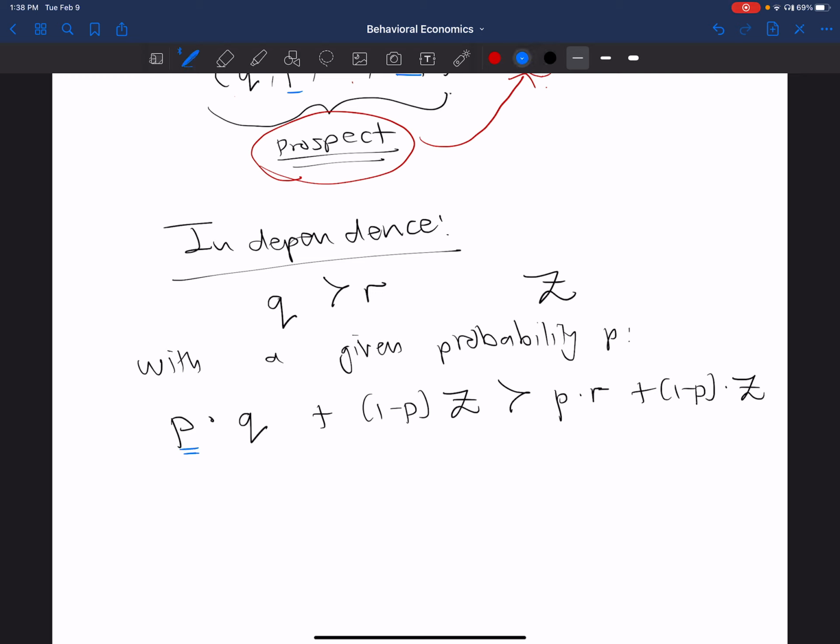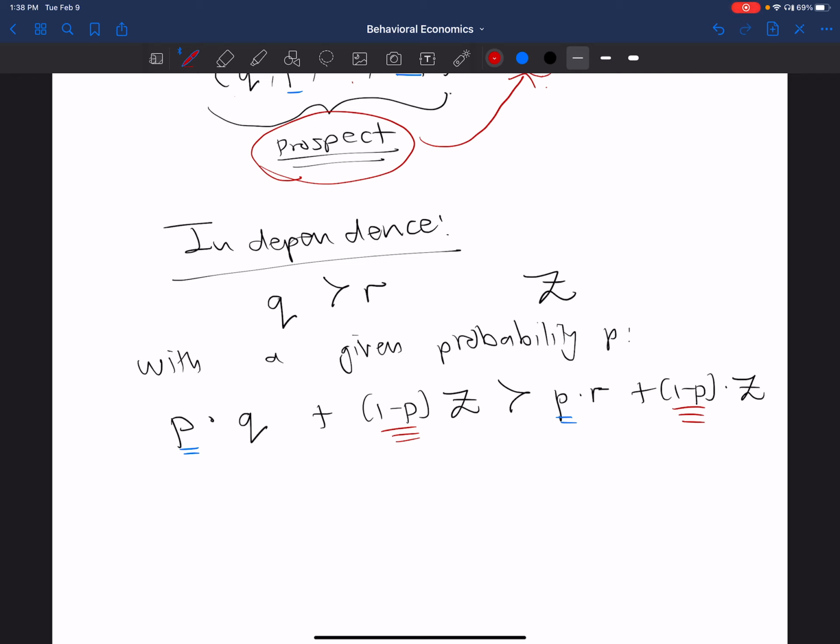Well, notice we've got the same probability P for Q and R in both places. So Q occurs with probability P in the one case, and R occurs with probability P in the other case. And then Z is occurring with the complementary probability 1 minus P in both cases.